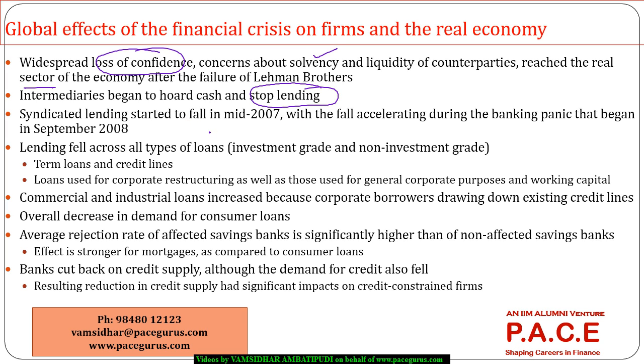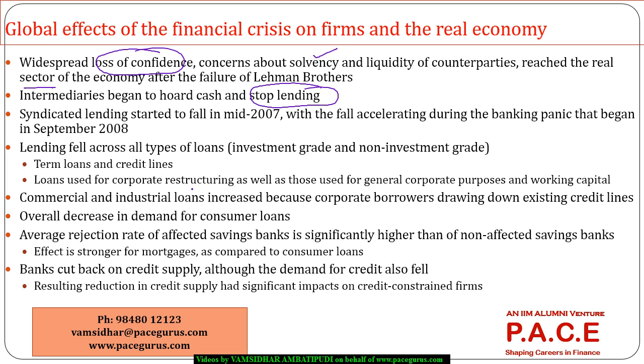And syndicated lending, which used to be one of the major aspects from the beginning of the 21st century to mid-2007, after that looked like it has fallen quite drastically, and especially in 2008, it became more and more worse. So the lendings almost stopped across all kinds of loans, whether investment grade or non-investment grade loans.